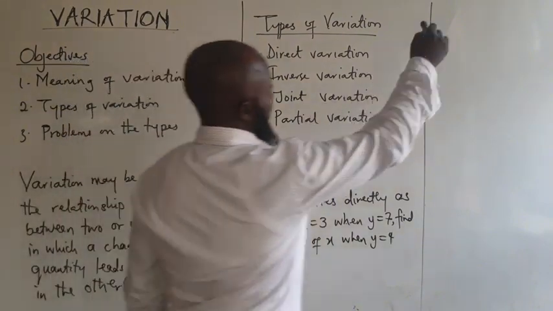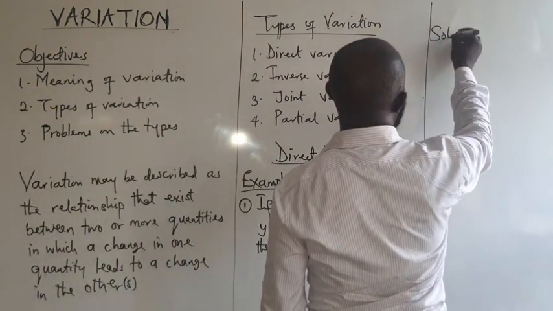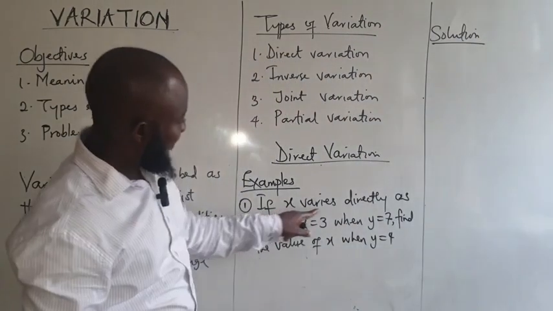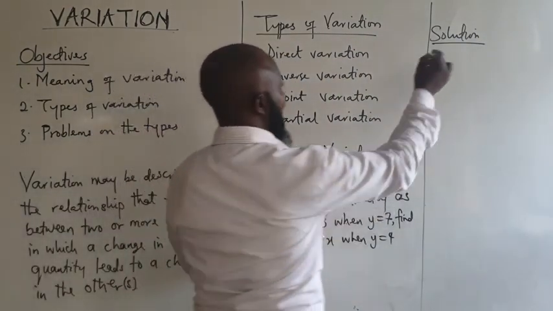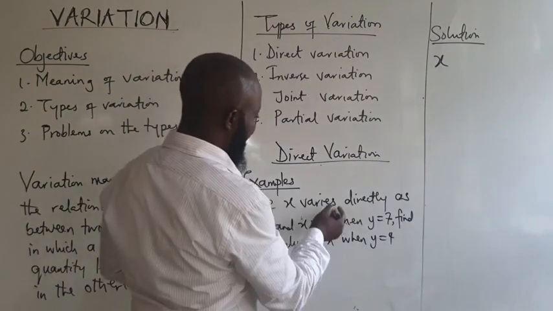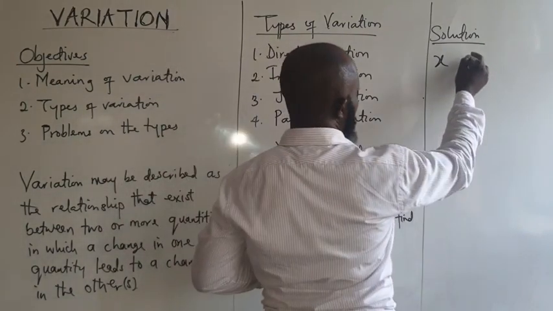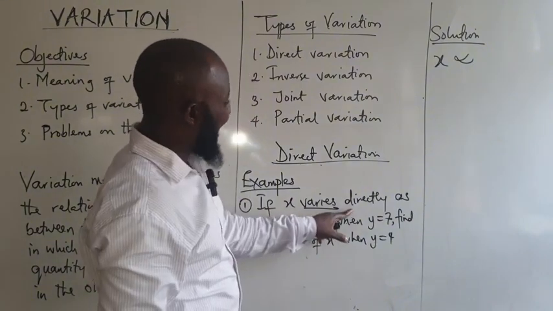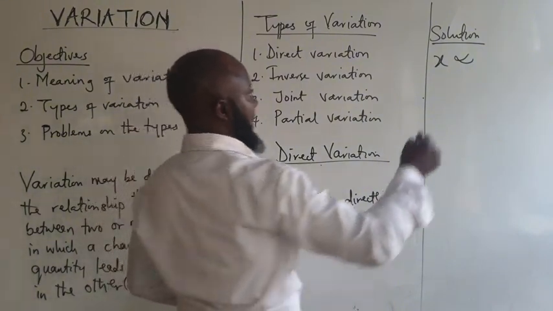Solution. We're going to have x varies. So we write x, varies. The symbol is written this way. x varies directly as y.